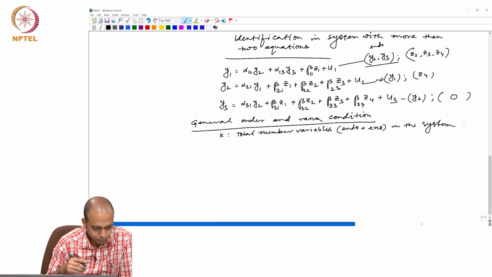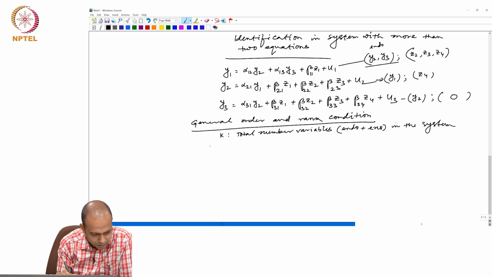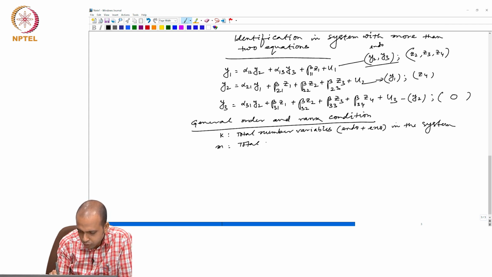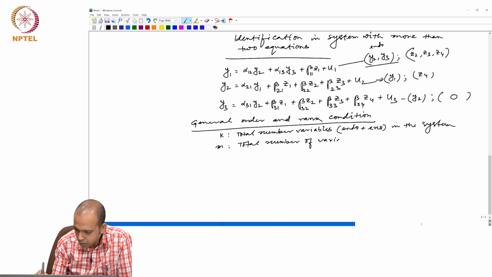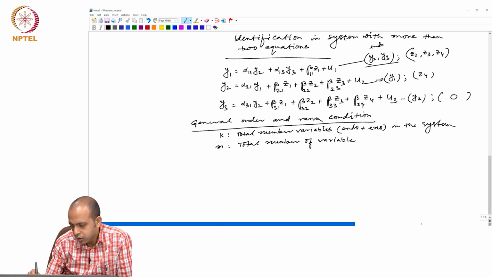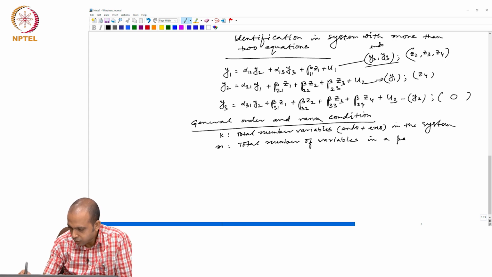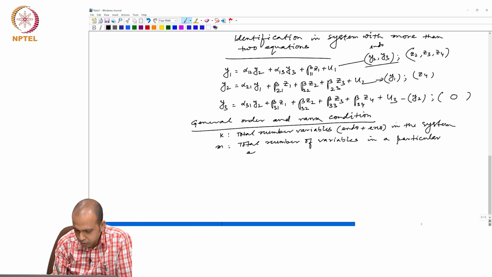Okay. Let us say that M is the total number of variables in a particular equation under identification.